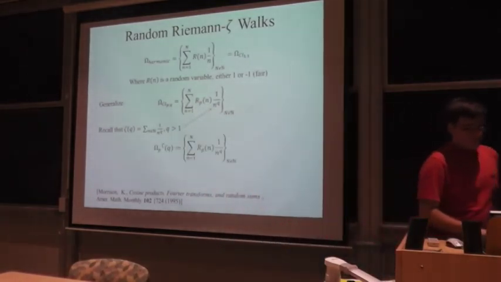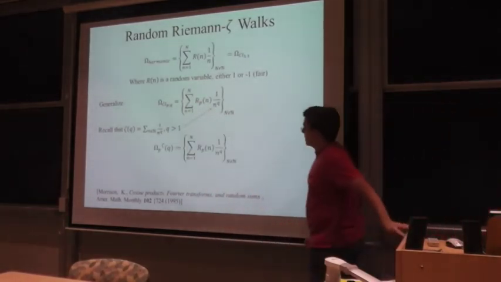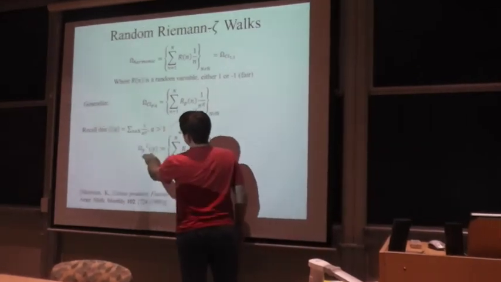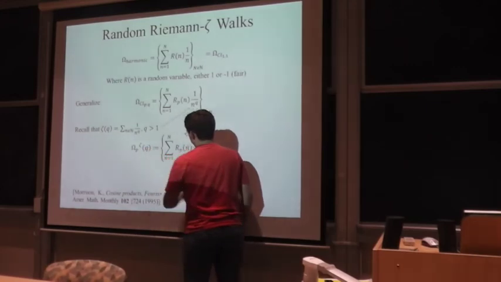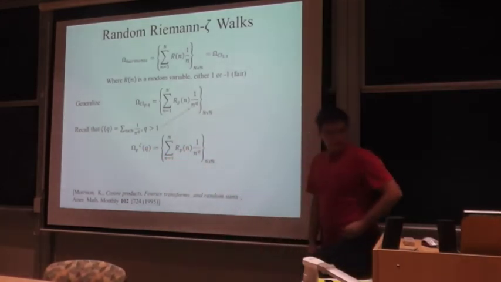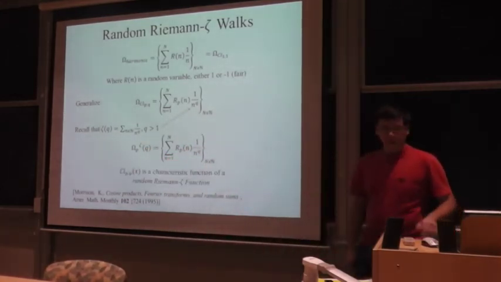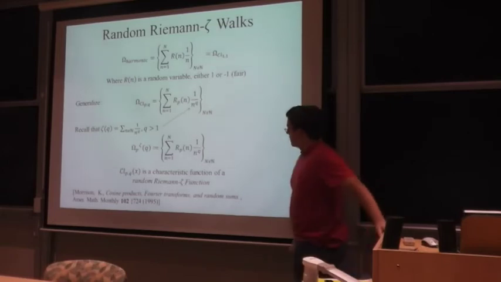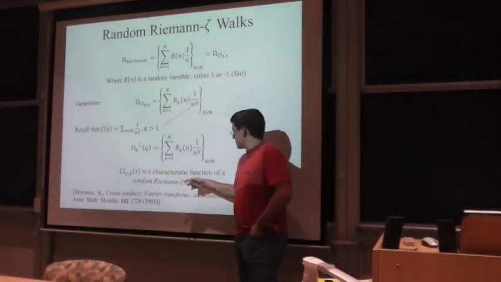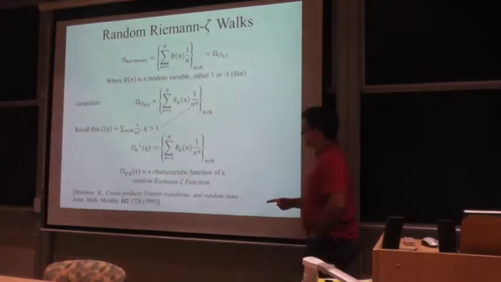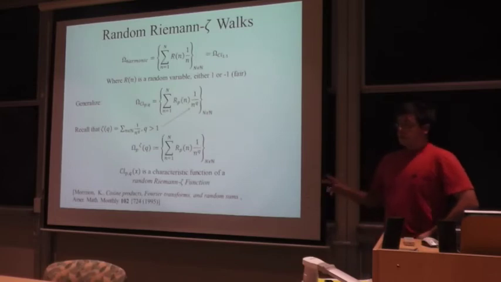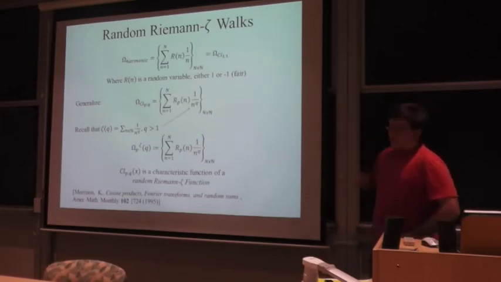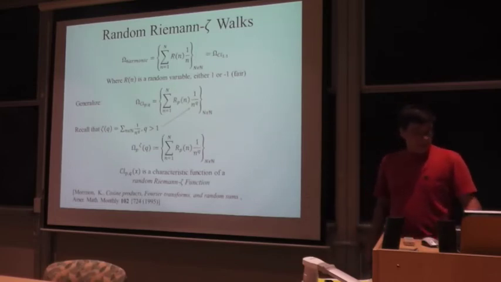Because of that, instead of Cloitre PQ, we can think of this as omega of some zeta PQ. So then we can think of the Cloitre functions as being characteristic functions of a random Riemann zeta function. That is, random walks using the random Riemann zeta function.